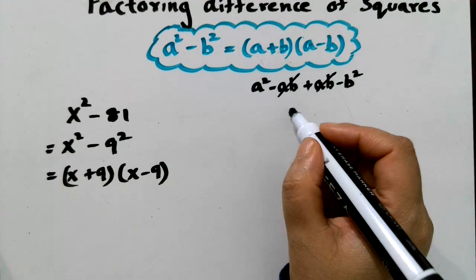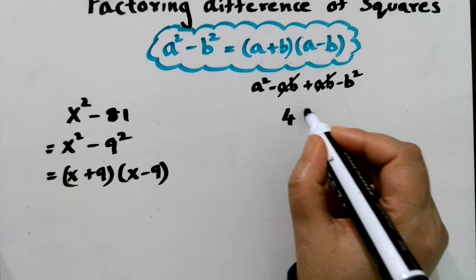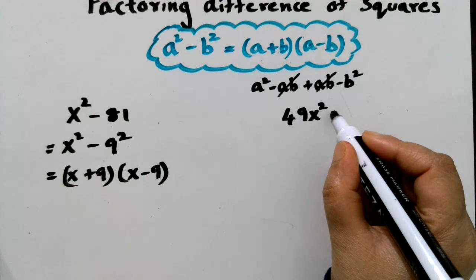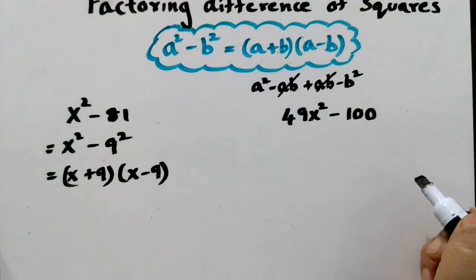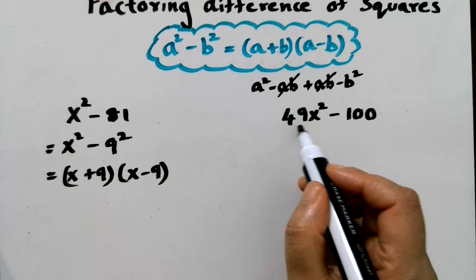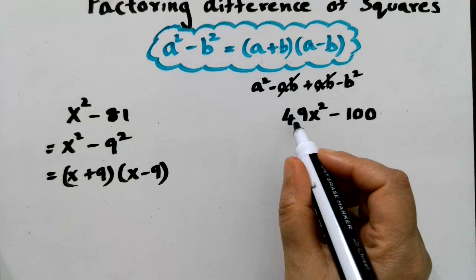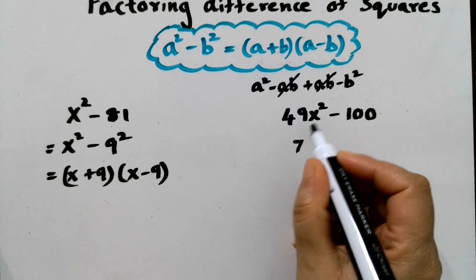Let's go to the next one. 49x squared minus 100. Now I know this is a perfect square. That's a perfect square. But I have to write this 49x squared as a quantity squared.